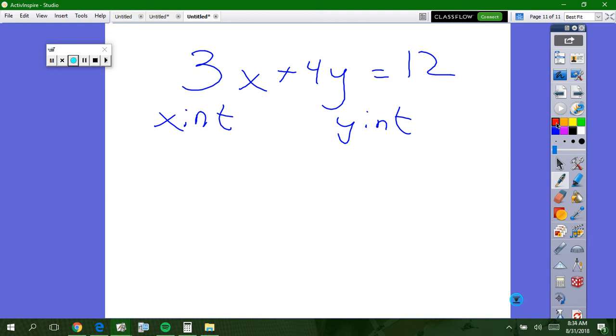What is an x-intercept? When y is 0, right? So y is 0. So it looks like this point, correct? Something comma 0. You guys agree with that? So when I plug this in, I have 3x plus 4 times 0 equals 12.